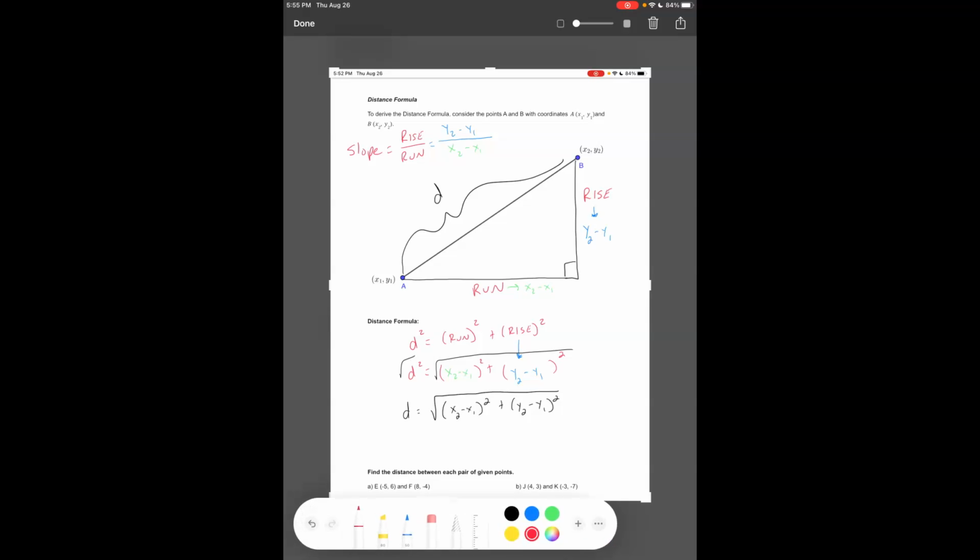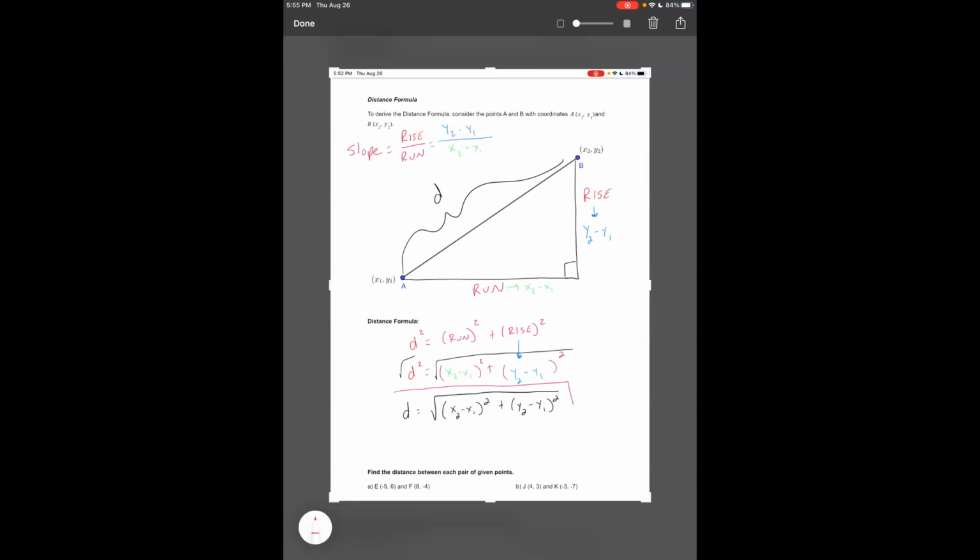And this right here is the distance formula. So we have used both our slope formula and the Pythagorean theorem together to derive the distance formula.